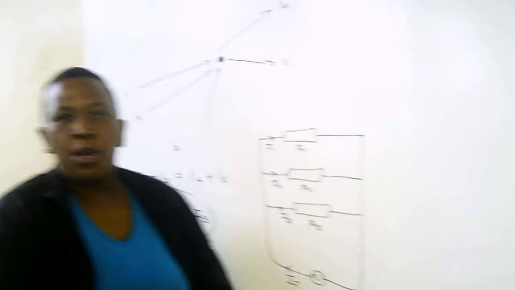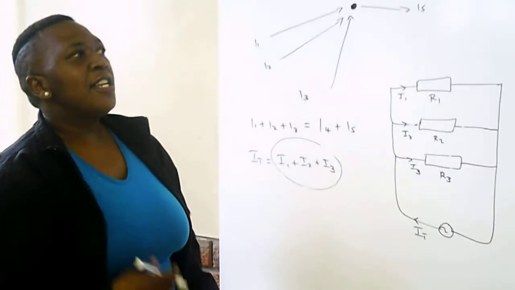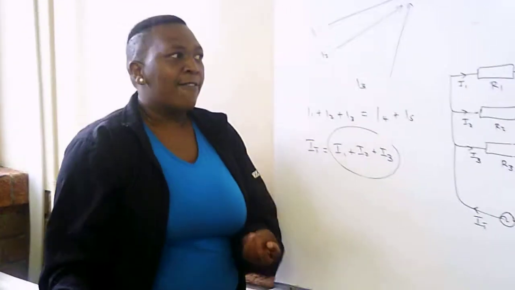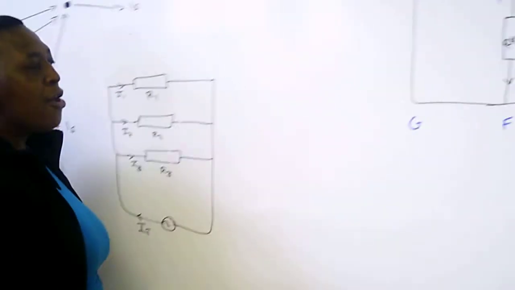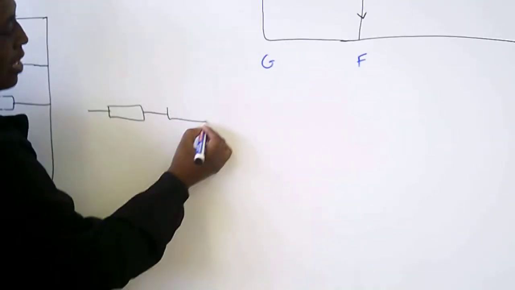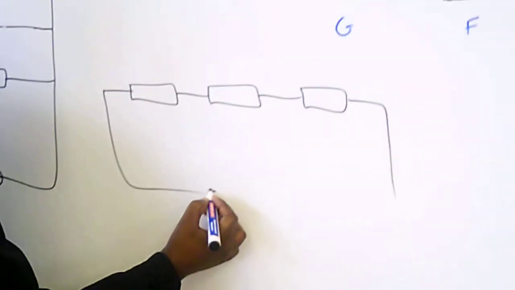What about the second law? With the second law, we are talking about the voltage. We say the voltage drop in the closed loop is equal to the EMF. Graphically, we use the series circuit, where we have volt drops no matter how many resistors are connected.